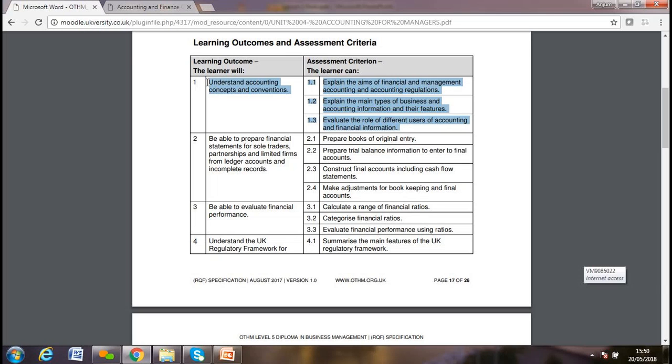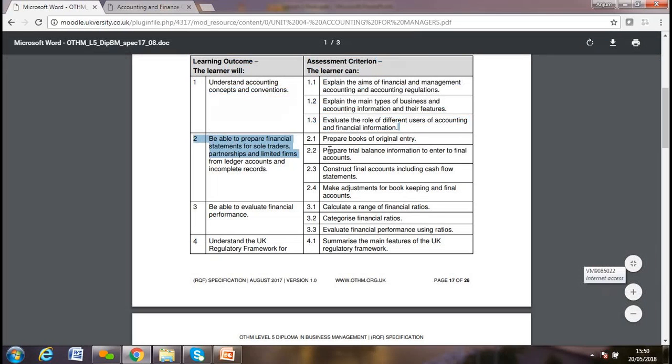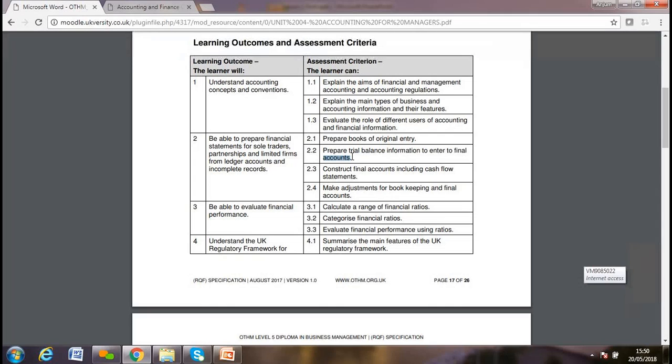In the next lesson we'll go through preparing the books of original entry. We'll prepare our trial balance and construct our final accounts, including the cash flow statement. We'll prepare some accounts and make adjustments for the bookkeeping and the final accounts, and I'll show you some of that as well.